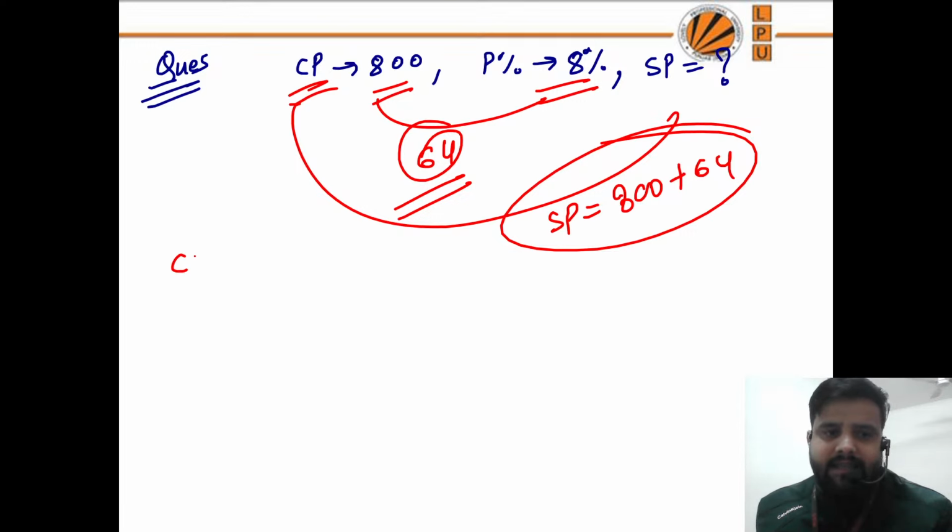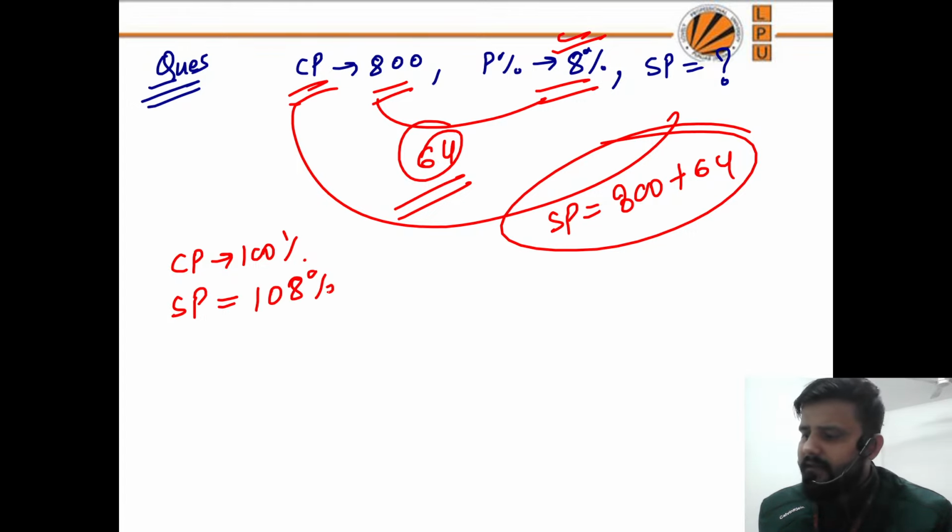I'll assume CP as 100%. So when profit is 8%, SP would be how much? 108 percent. Now what is given in the question?